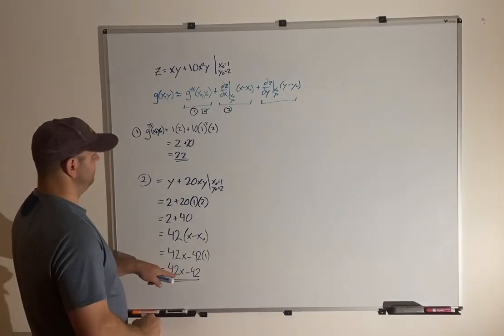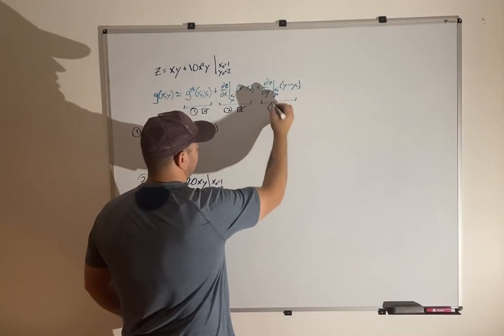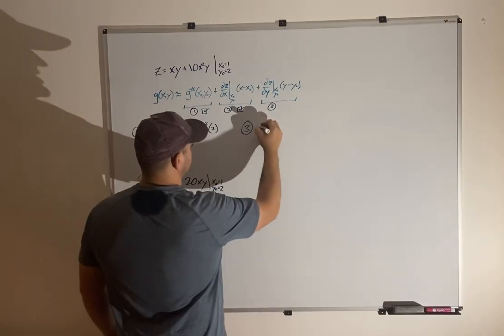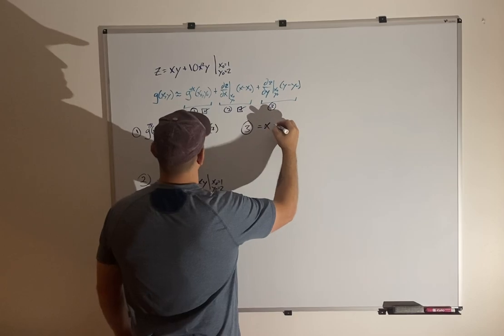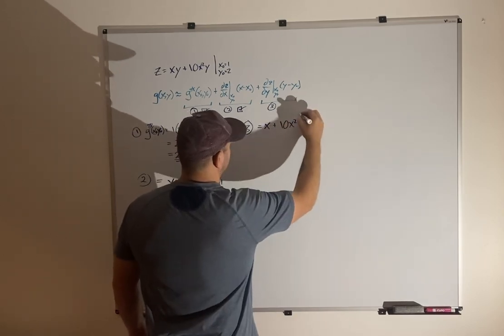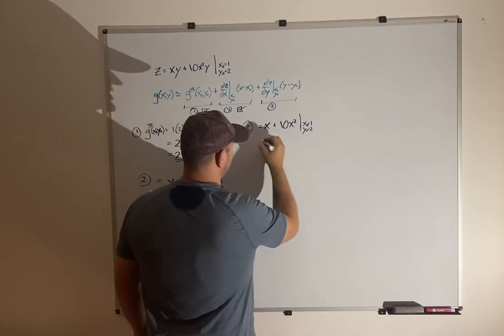Component number 2, all set. Moving on to number 3. Here we go. Partial derivative of z, this time with respect to y, is going to give us x plus 10x squared. And we're going to evaluate at x0 equal to 1, y0 equal to 2. So here we go.